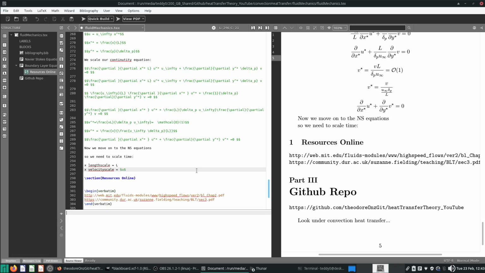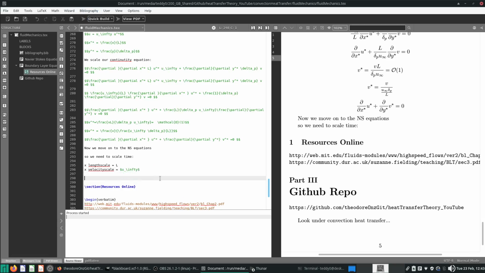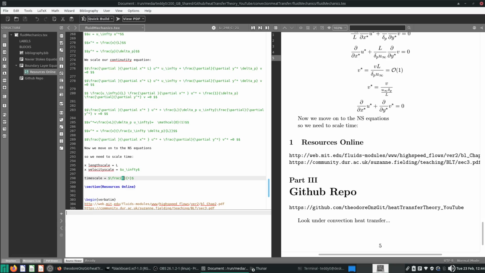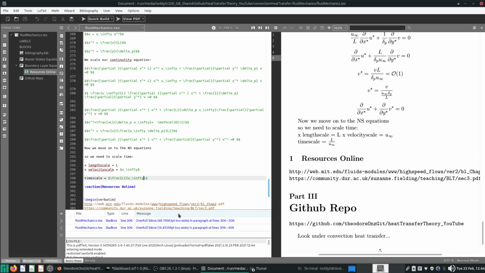So the time scale is just distance and time, you just do your multiplication and that's it. So L over u infinity, and that will give you your time scale.